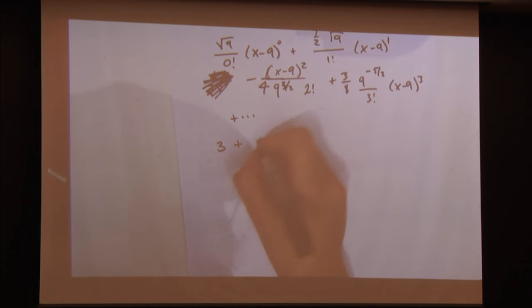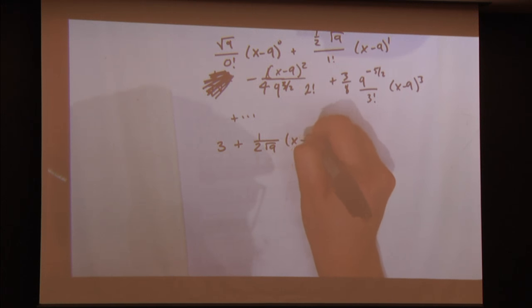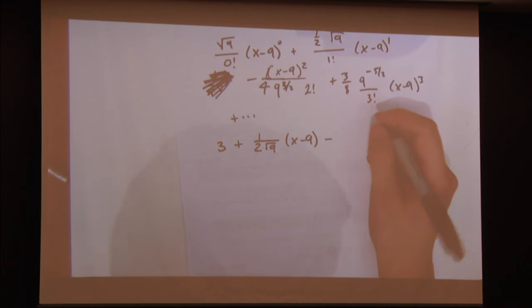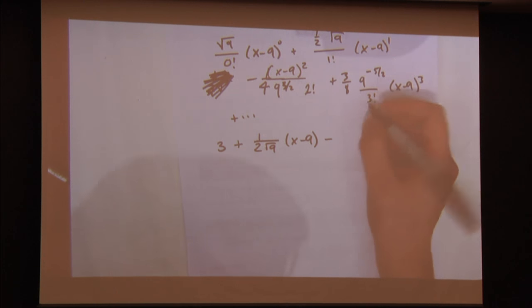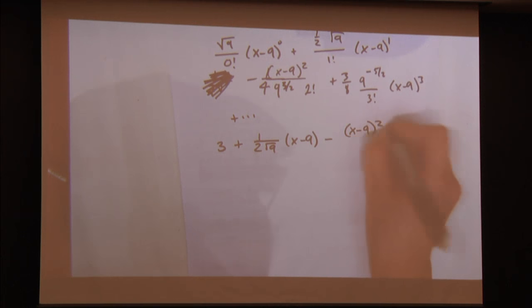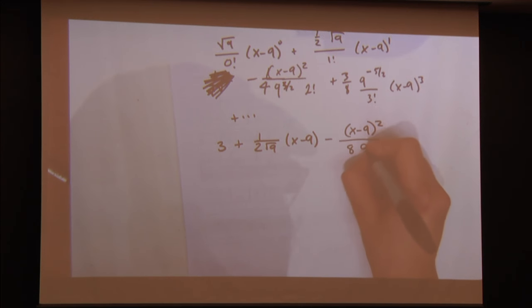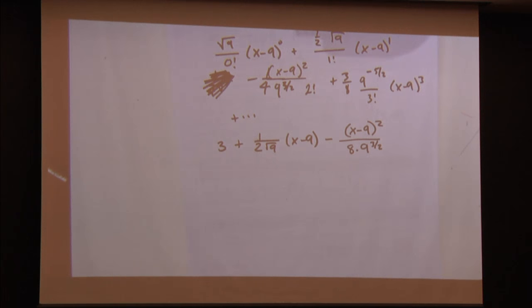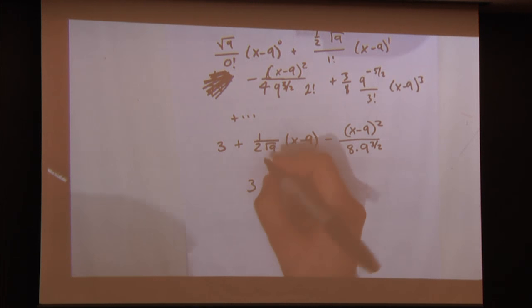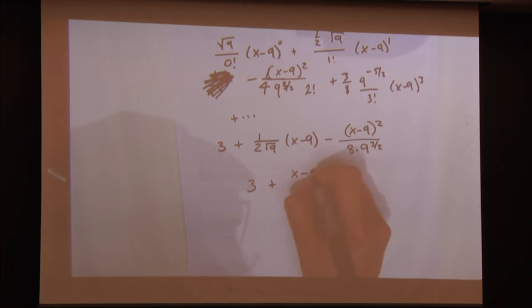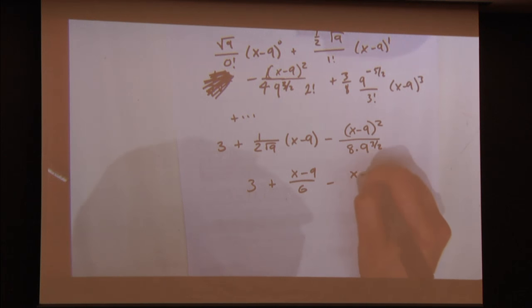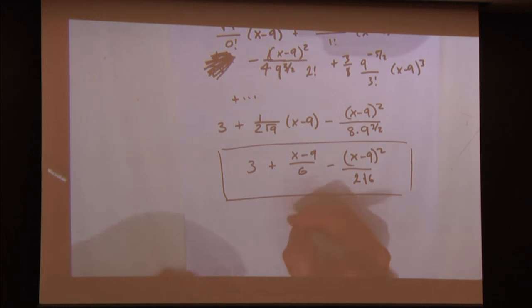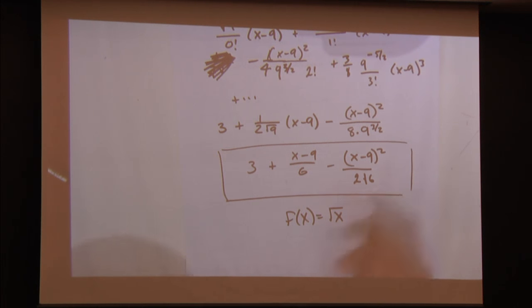Plus, you have 1/2 root 9, x minus 9 for your second one, minus x squared over 8, 9 3/2 multiplication. You can simplify that as you wish. You'll get 3 plus x minus 9 over 6 minus x minus 9 over 2, 1, 6. This is your Taylor degree polynomial. It'll approximate your original function, which in this case was f of x is equal to root x.